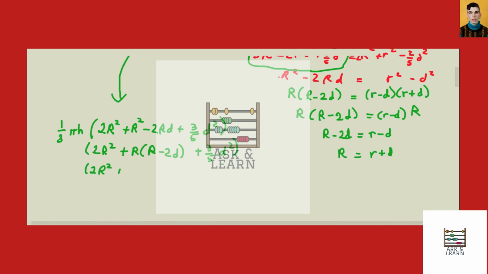So I'm going to put that in. 2r squared plus, oh wait. Oh yeah, I'm going to change this big R to little r plus D, and this big R to little r plus D. Okay, so now I have 2r squared plus r plus D, and then r plus D minus 2D, that's r minus D. Oh, I'm gonna get it.